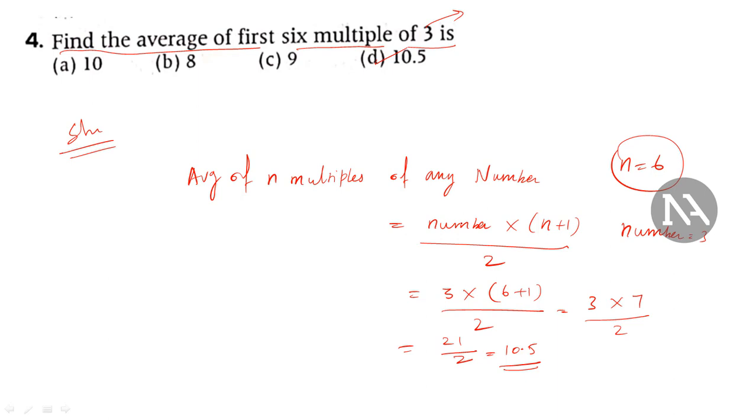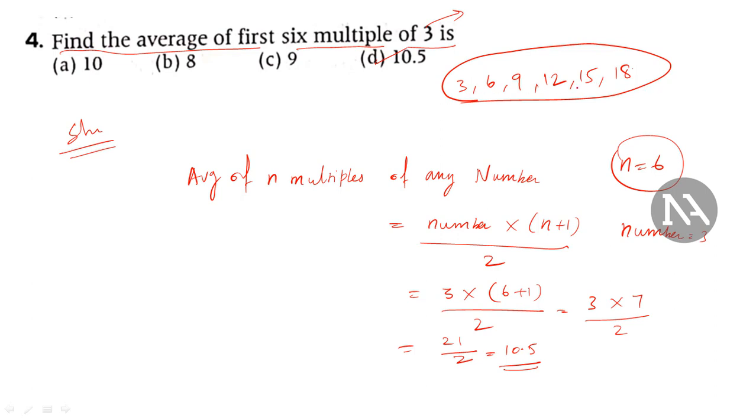Here we are finding the average of first 6 multiples of 3. That is 3, 6, 9, 12, 15, then 18. These are the 6 numbers, first 6 numbers which are multiples of 3.